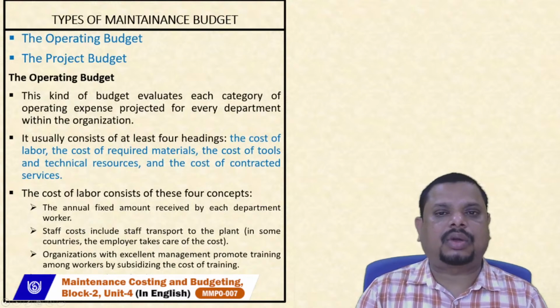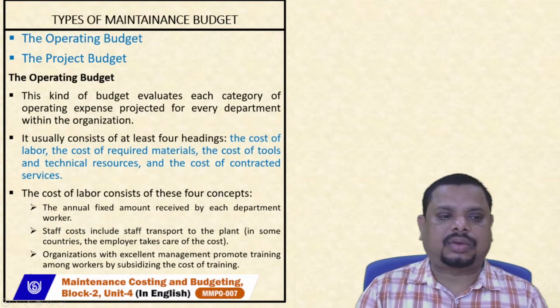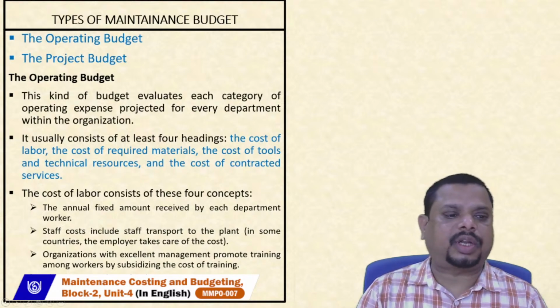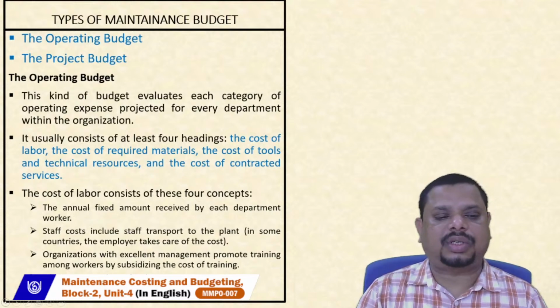The first one is cost of labor, then cost of required materials, cost of goods and technical resources, and the last one is cost of contract services. These four things consist of the operating budget. The cost of labor consists of four concepts. The first one is the annual fixed amount received by each department's workers.